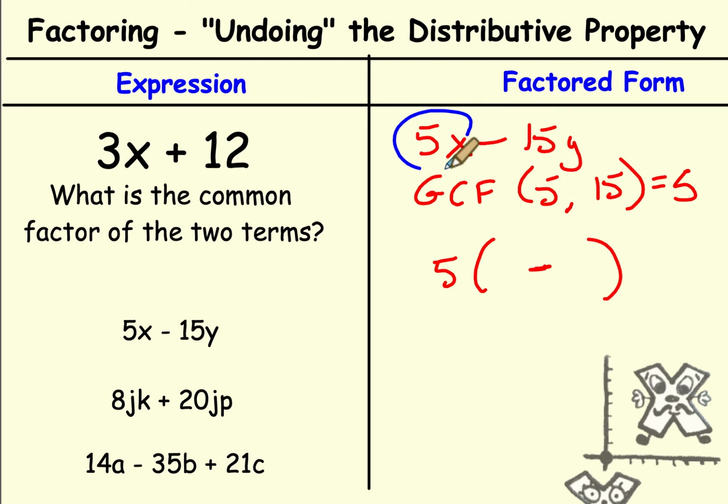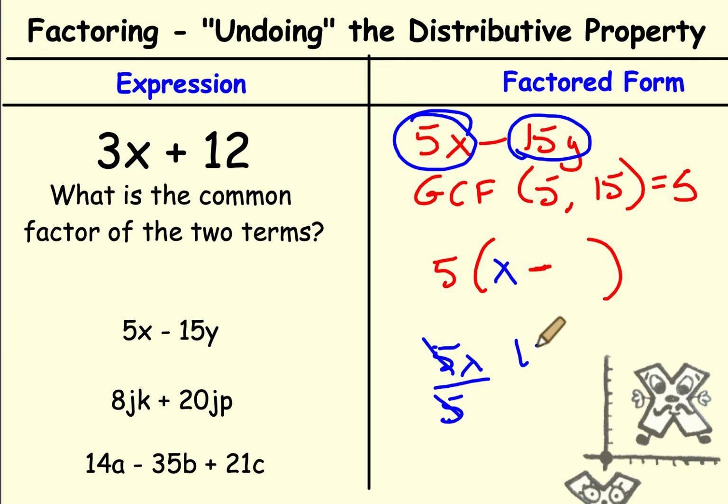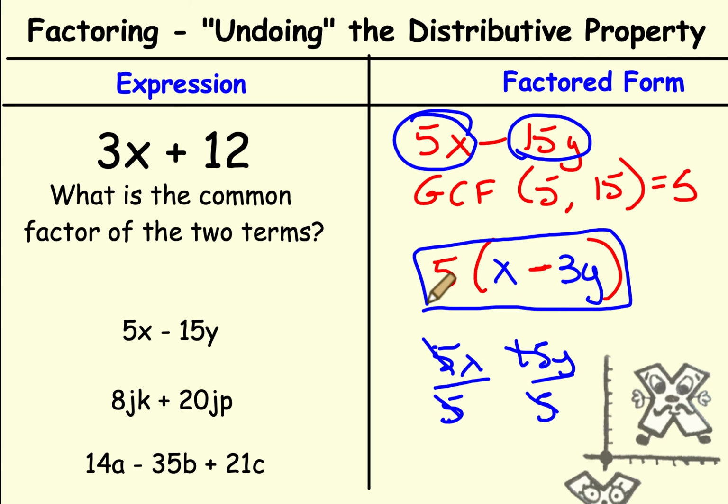And I'm going to think, okay, if I divide 5 times x divided by 5, what do I get? Well, 5 divided by 5 makes 1, or 1x. If I take 15y and divide it by 5, and I would be doing this in my head, 15 divided by 5 makes 3, and I can't forget my y. So my factored form would be 5 times the difference of x and 3y.